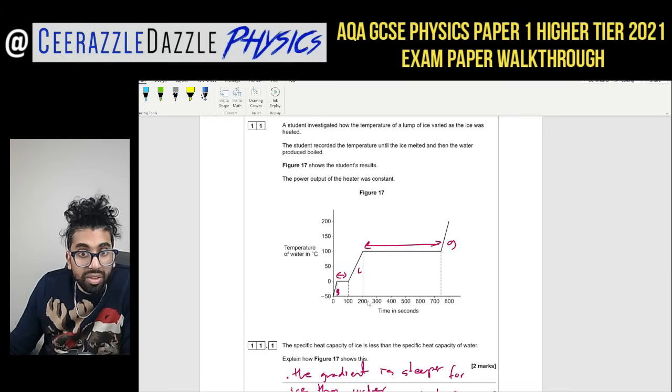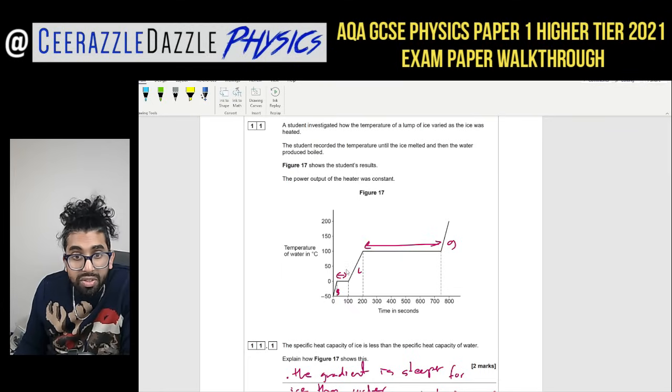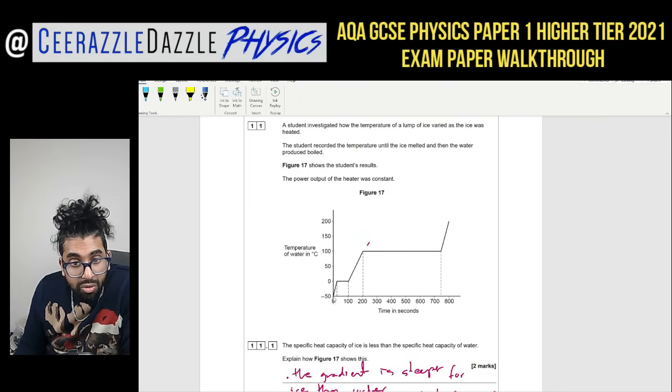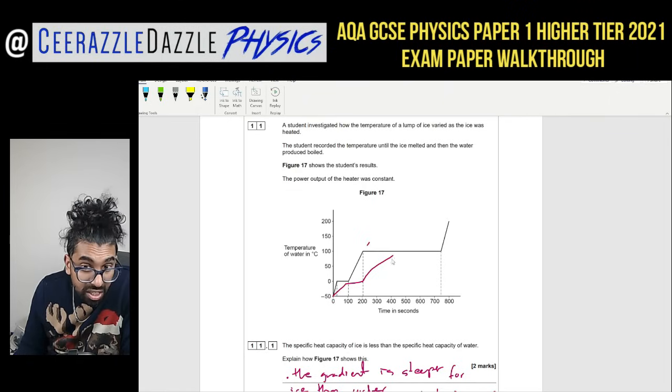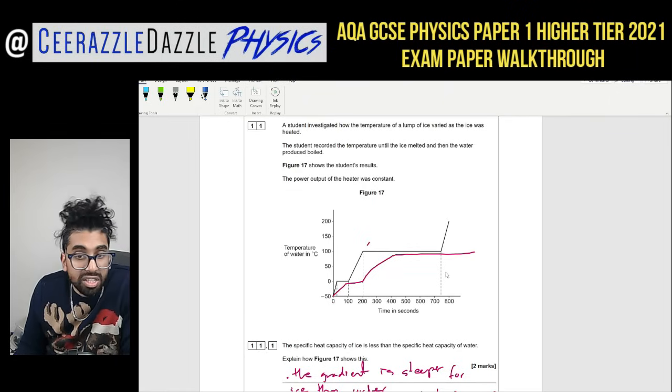Well, if you are losing energy in terms of heat, it would take you longer to heat it up, then longer to change state, then longer again for you to heat up again, and then even longer to change state again. So what would happen is that the gradients of the line will become less steep.